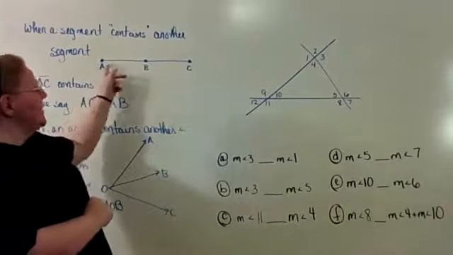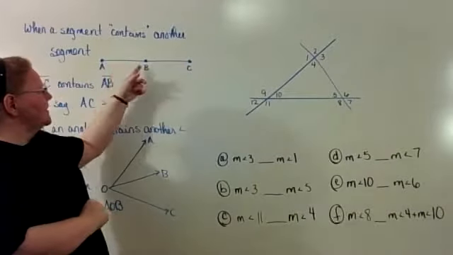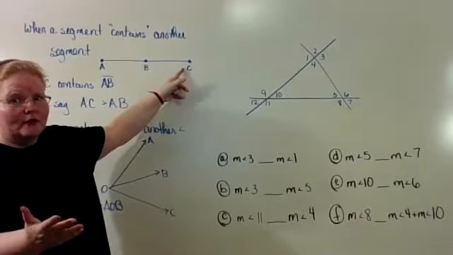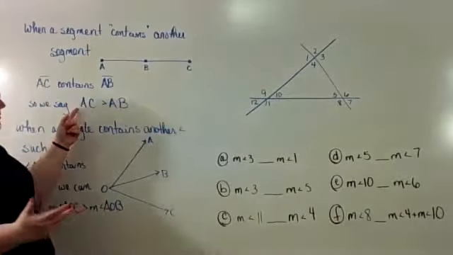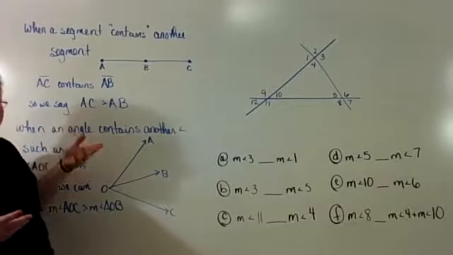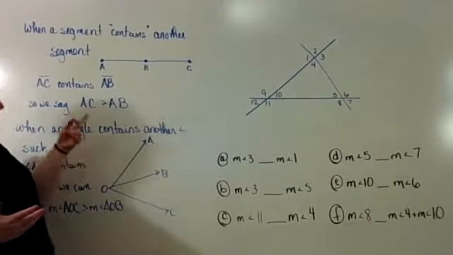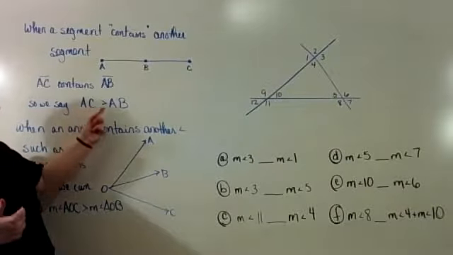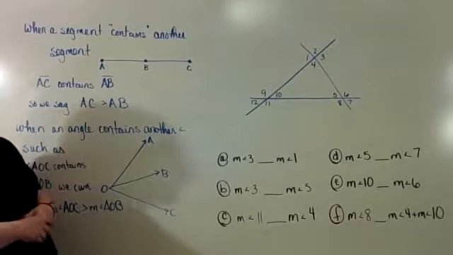So since AC contains AB, we know AC must actually be bigger. That's where we get this information from. Notice when we say this information, we're not just saying that one is bigger than the other. We're actually saying it with the distance. The distance of AC has to be bigger than the distance of AB.